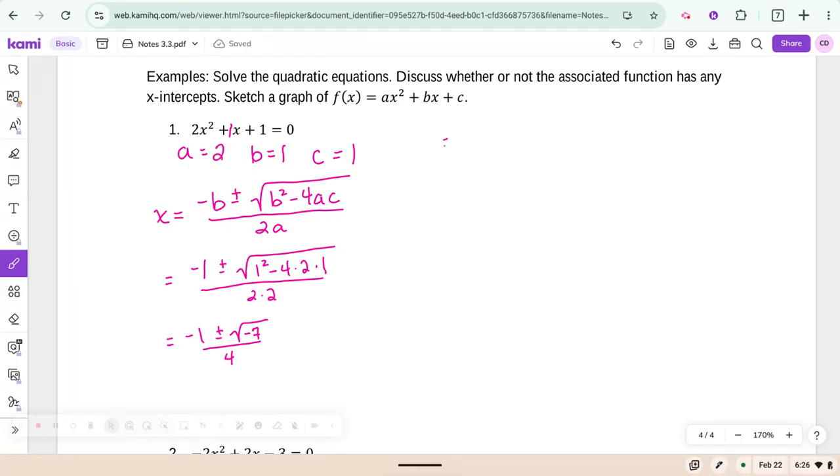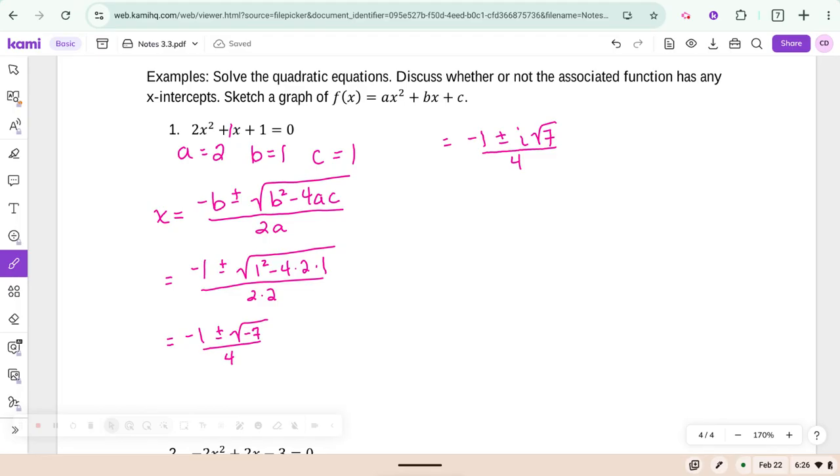So I'll come up here and finish this problem. I'm going to call the square root of negative 7 i times the square root of 7. And I would want to simplify this radical if possible. If there is a square number that divides evenly into 7, then I can simplify this radical. But that's not the case.